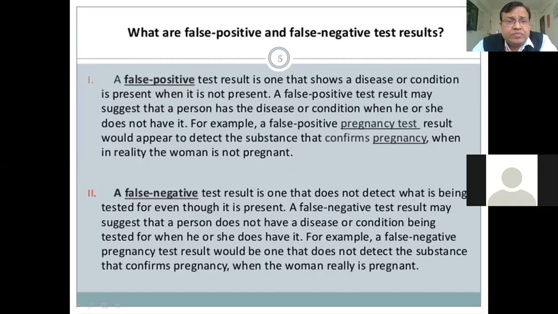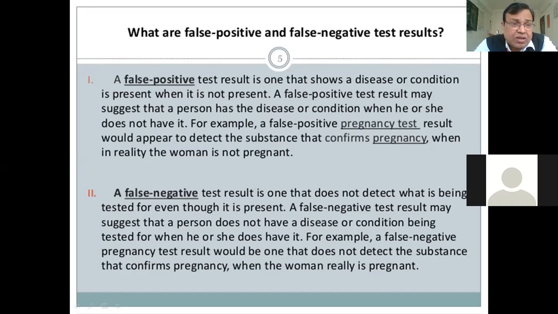Now, what are the false positive and false negative test results? A false positive test result is one that shows a disease or condition is present when it is not present.